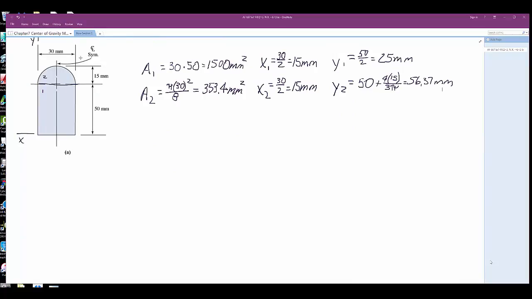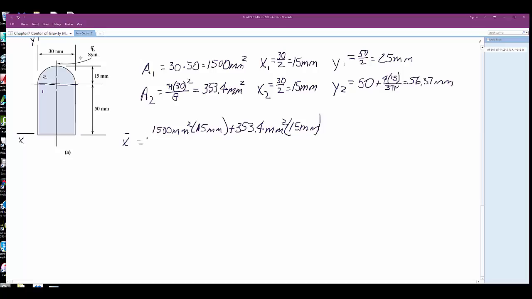So for the X bar, it's going to be the area of 1, 1,500 square millimeters, times 15 millimeters, plus the area of 2, 353.4 square millimeters, times X of 2, and that's 15 millimeters as well.